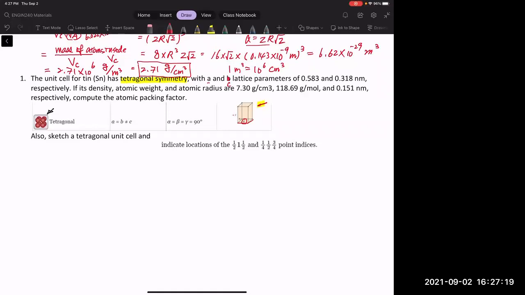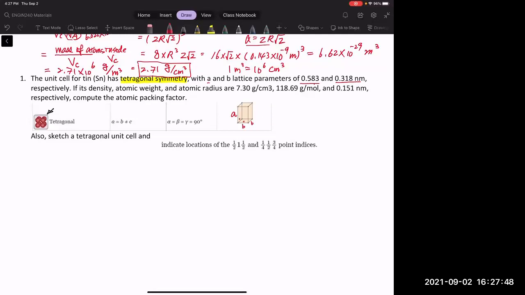Oh, maybe the other way around, because it looks like this one is smaller, this one is larger, and that one is smaller. So if I mark this on this graph, then this will be your A. This will be your B here.